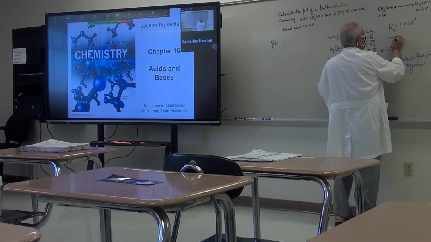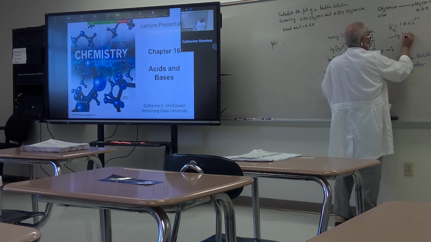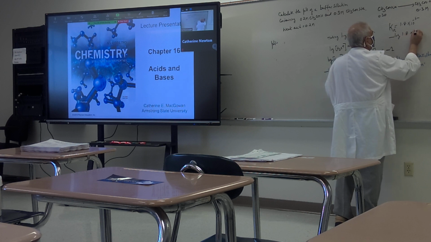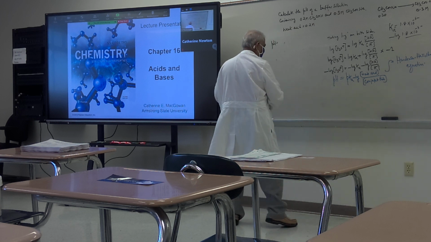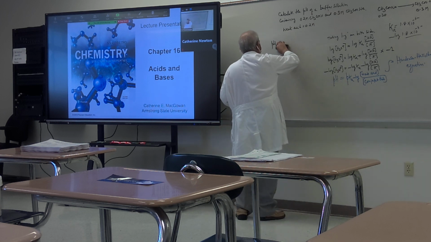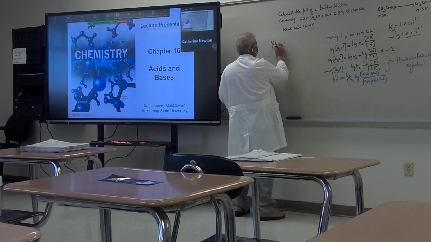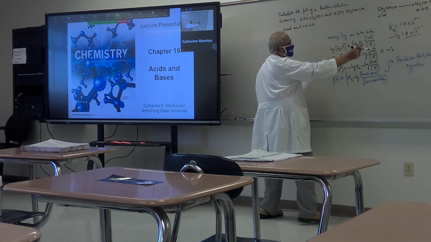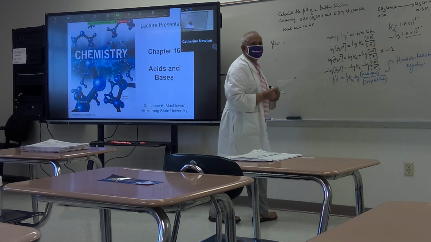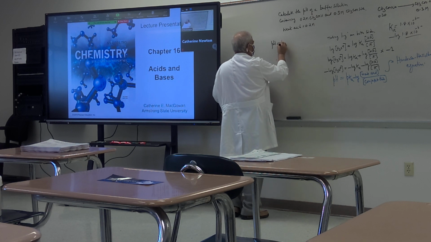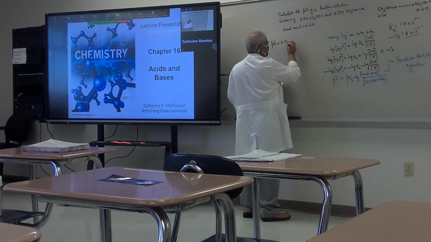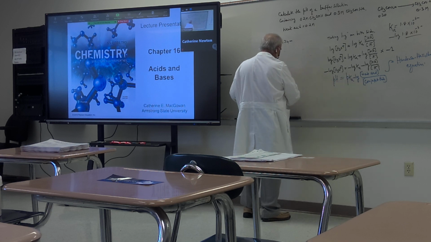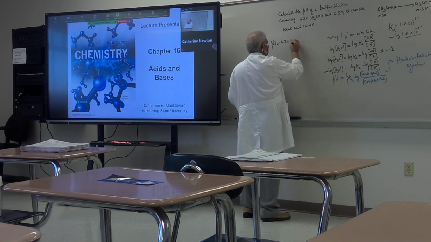Take negative log of this. Can somebody tell me the negative log of 1.8 times 10 to the negative 5? How much is this? 4 point something, right? 4.74. So this is 4.74, and then I am going to use plus.